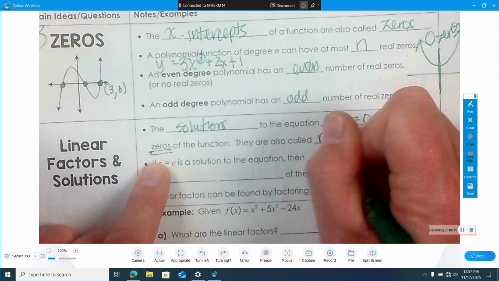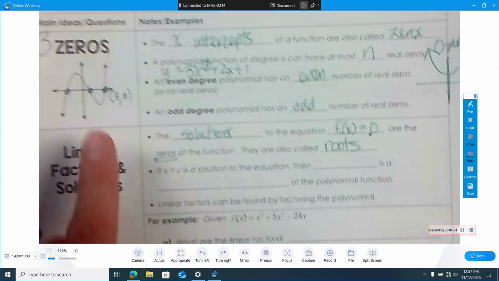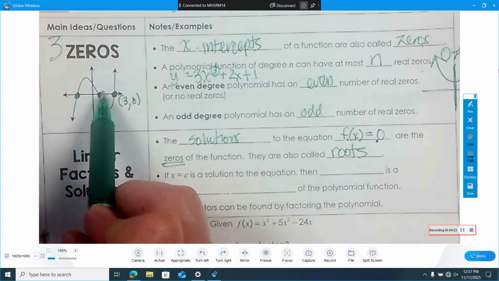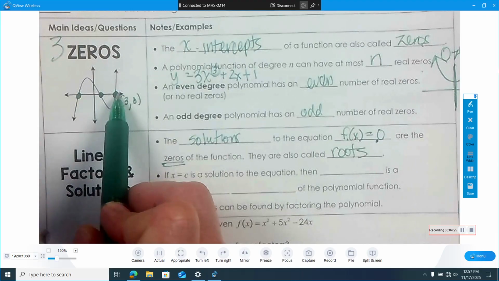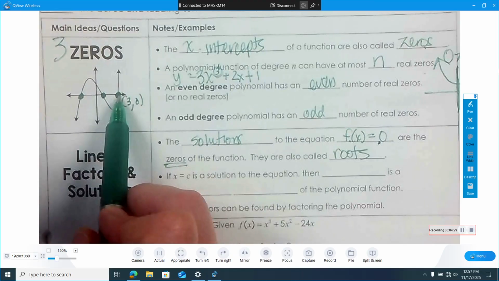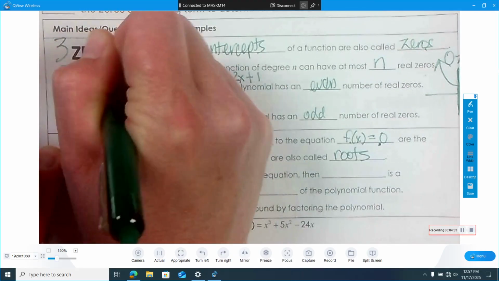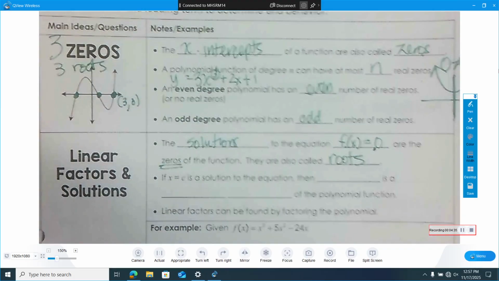And we also call these roots. So there are 3 different names for these zeros. We can call them x-intercepts. We can call them zeros, but we can also call them roots. So this also has 3 roots, or 3 x-intercepts.